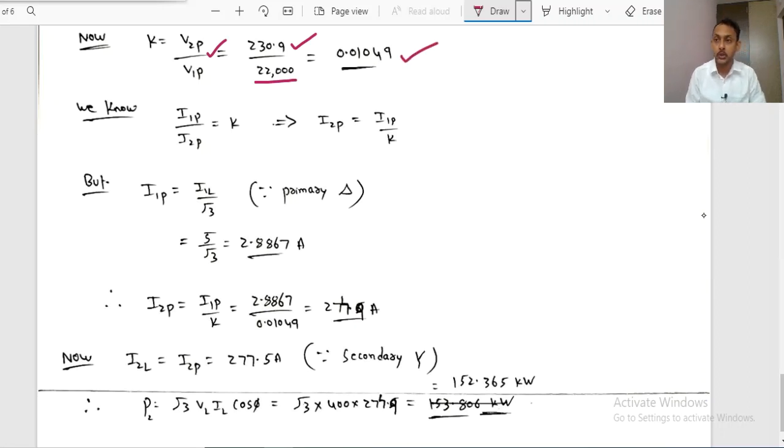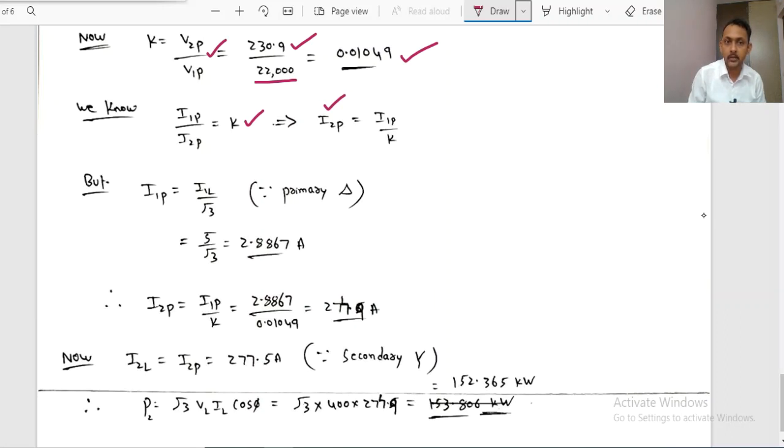Similarly, using this ratio, we can calculate the currents. I1P by I2P, primary side phase current divided by secondary side phase current, is equal to K. Already we know the value of K. Based on that, we can calculate the secondary side phase current, I2P equals I1P by K.